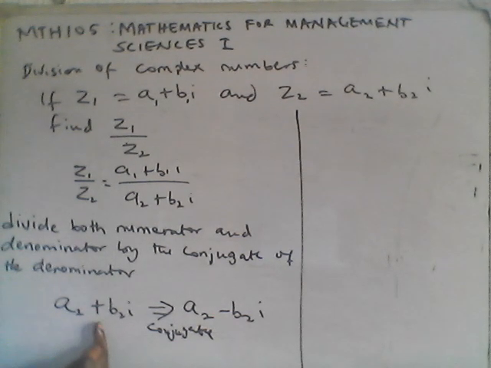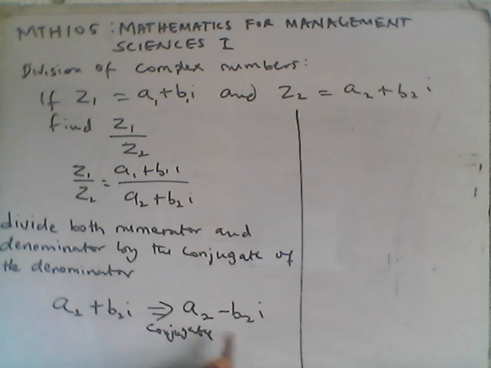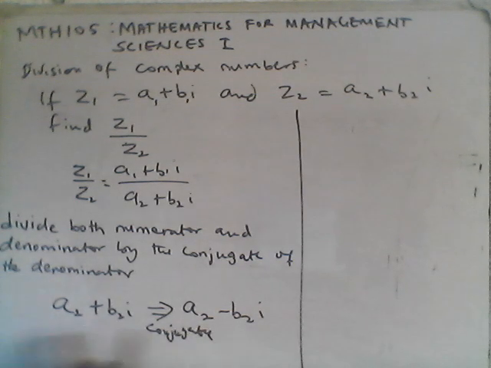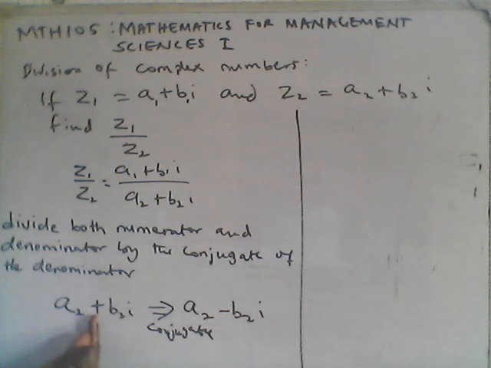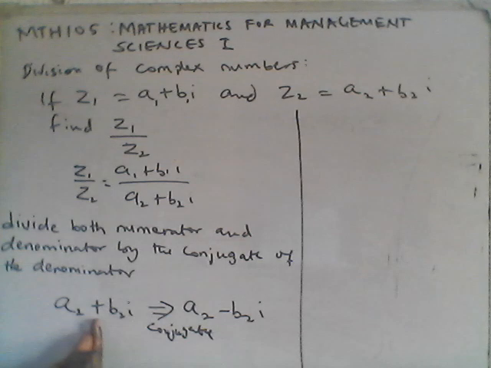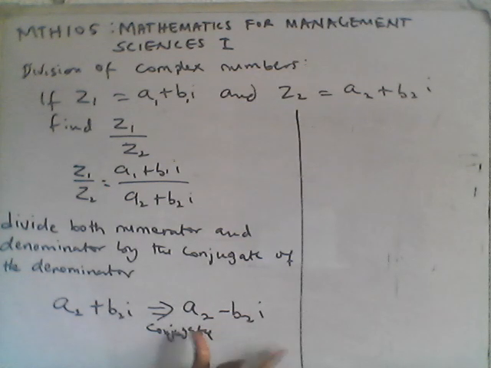Whatever it is here, make it the opposite, plus to minus or minus to plus. So if you have minus here as the expression, the conjugate will be a plus. The same terms, but just flip the operation. We have plus, minus, division, multiplication, but we are dealing with only plus and minus. So if you have plus here in the expression, flip it, put a minus and put the term. That's the conjugate. The same thing, but you are changing the sign. If it is a minus that is here, put a plus. So the conjugate of this one is this.